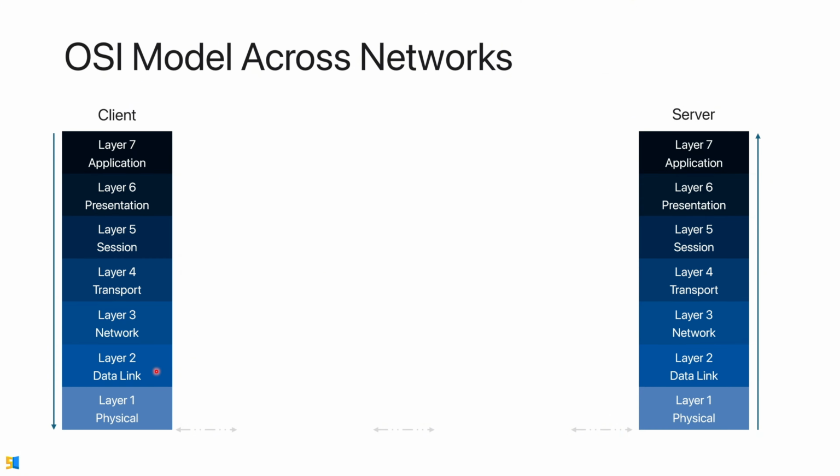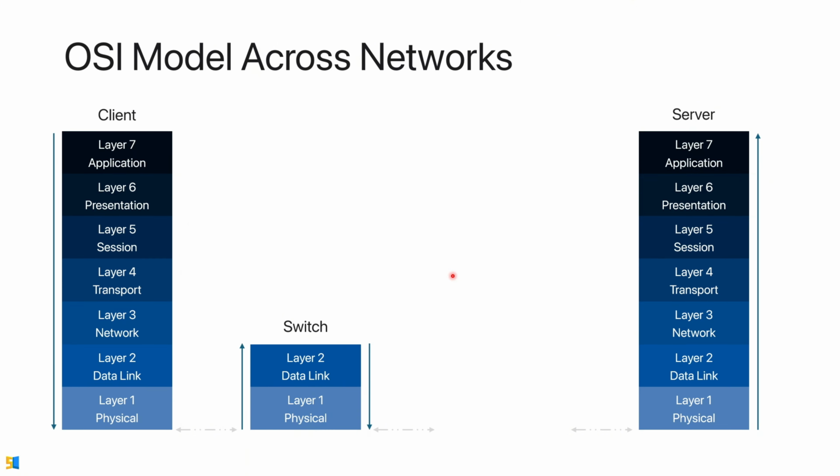Then it goes to data link where it becomes a frame, and each frame will have source and destination MAC address, and it goes to the physical layer and is transmitted to the server. Then the server will receive it through data link, network, transport, session, presentation, and application.